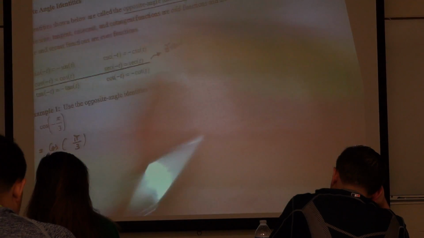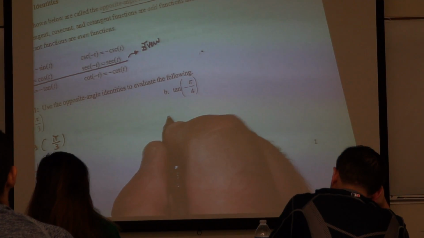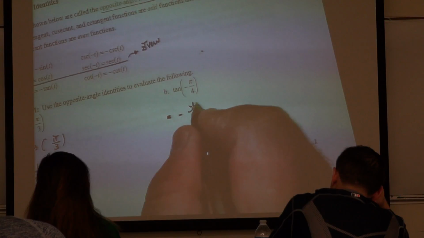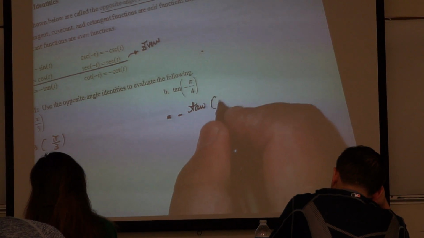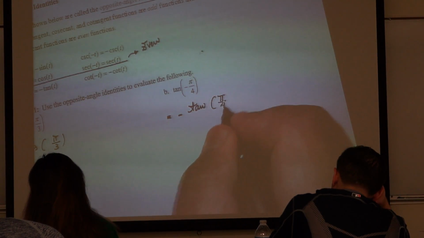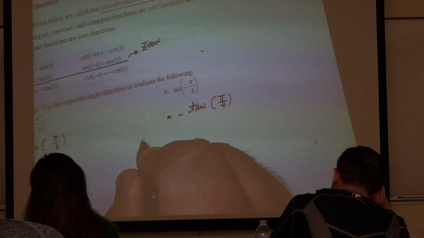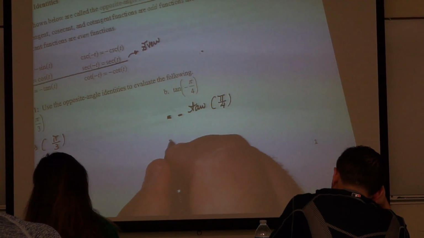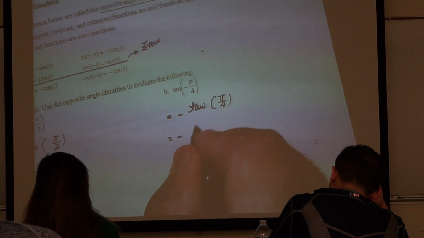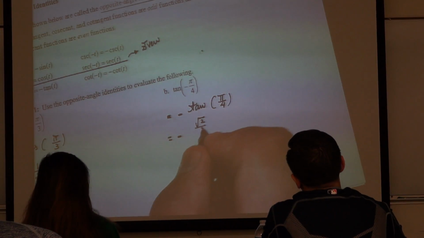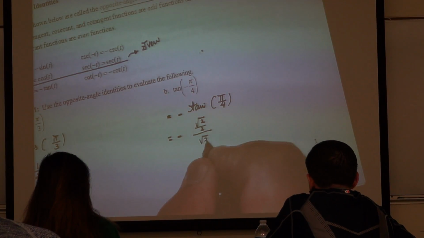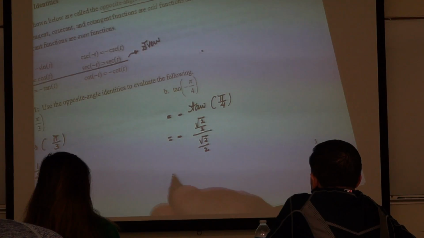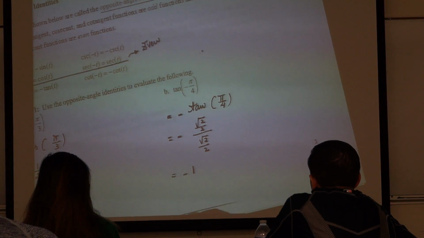So tangent of negative pi over 4. But tangent of negative pi over 4 is negative tangent of pi over what? So we need that negative here because it'll be negative square root of 2 over 2 over square root of 2 over 2. Negative what? 1.